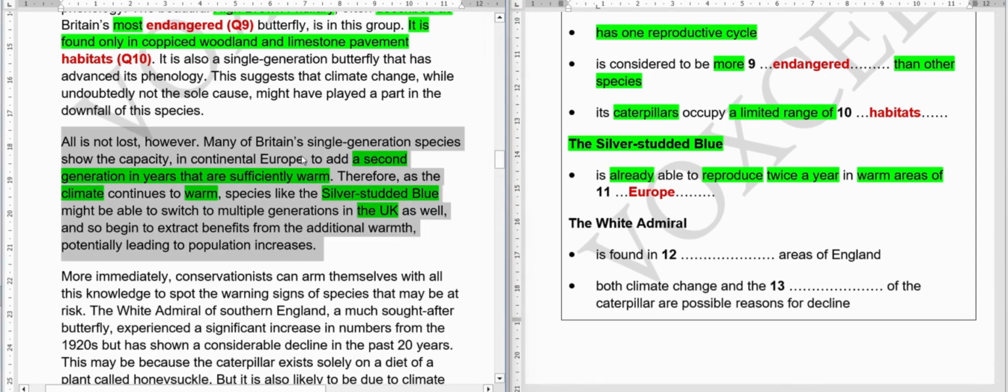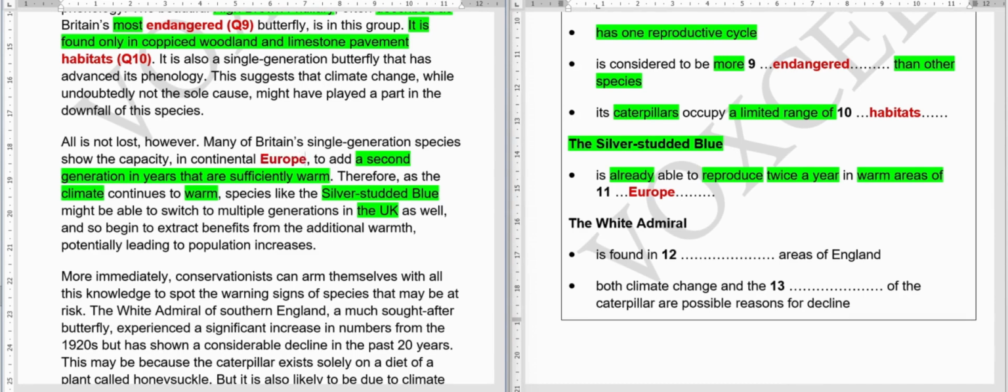Let me mark here. Now many of you might have written UK, but it is not the correct answer. This is an incorrect answer that is not that obvious, a subtle answer they have given you. They're saying that it is already, but why can't it be the UK?